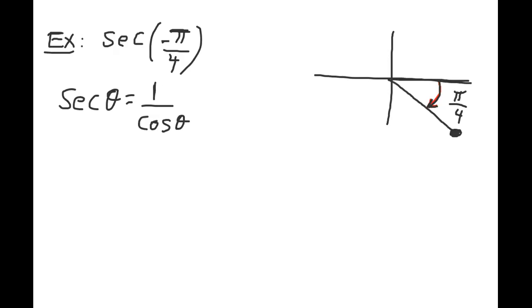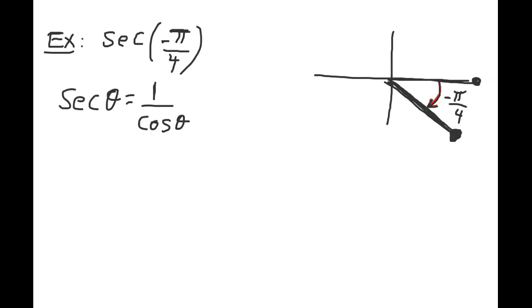We start from this point and end at this point. This is the meaning of minus pi over 4. The minus is because we rotated clockwise, not counterclockwise.